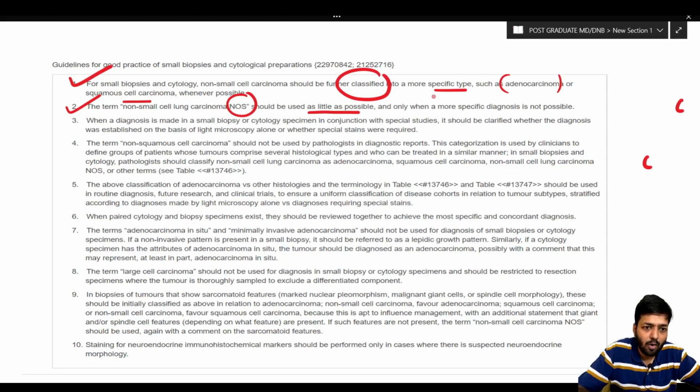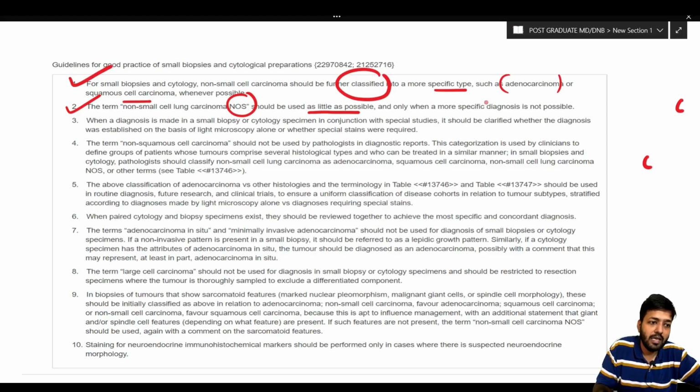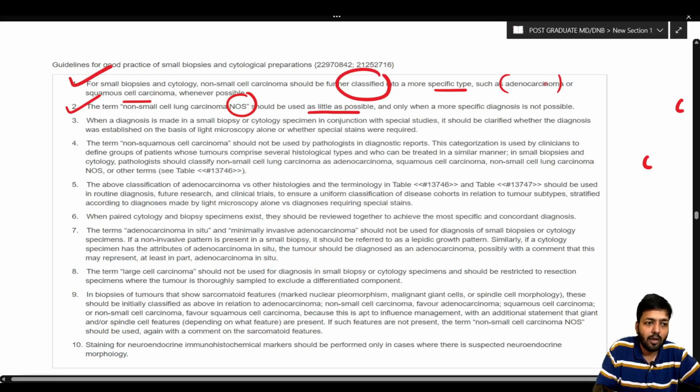So when you have exhausted all these things, when a specific diagnosis is not possible, then you use the term non-small cell lung carcinoma NOS. But this should be done only after you have exhausted everything: morphological evaluation, immunohistochemical evaluation, molecular evaluation. If you still cannot get an answer, after that you can give the term non-small cell lung carcinoma NOS, but it is not to be used very frequently.